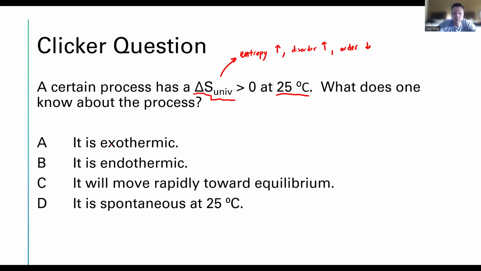Now, option D, it's spontaneous at 25 degrees Celsius. That statement is more than likely going to be true, because delta S of the universe indicates that the process is spontaneous under the given conditions. So when delta S is positive, then chances are it is going to be spontaneous at 25 degrees Celsius.